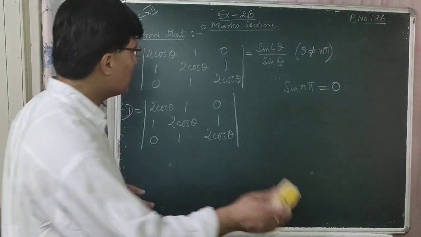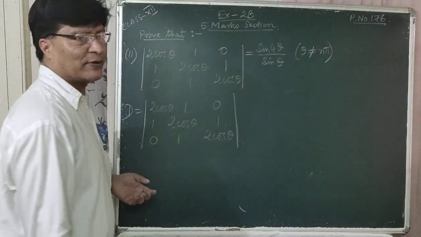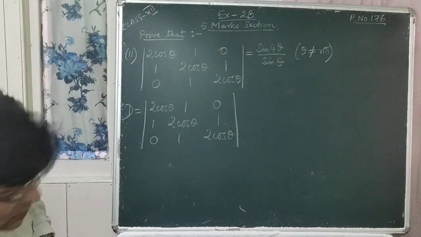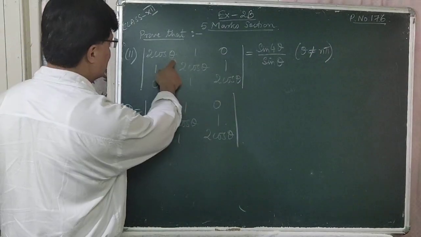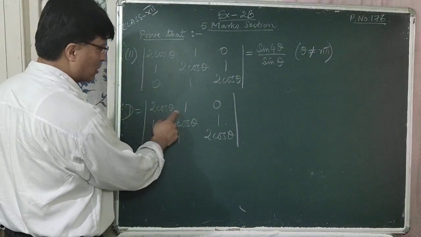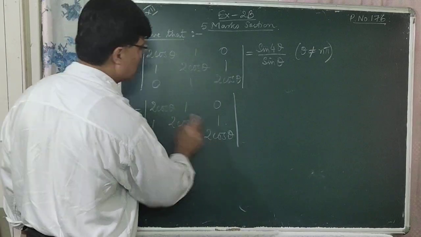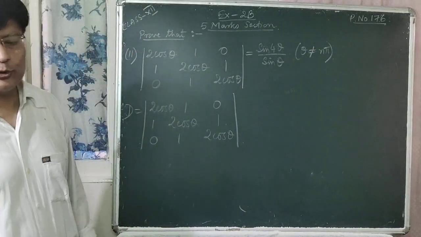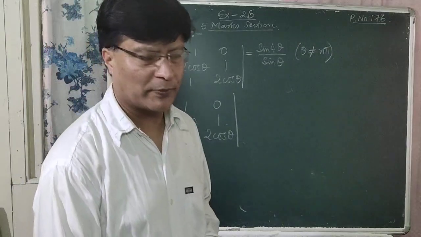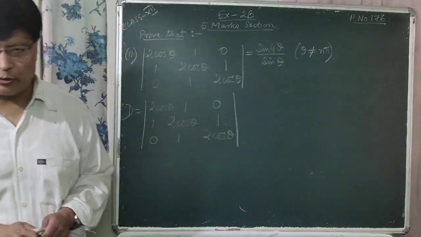Right? So now, let us write down the left hand side. Let's copy it. First row 2 cos theta, 1, 0, second row 1, 2 cos theta, 1, third row 0, 1, 2 cos theta. In this case you should have the knowledge of trigonometry also. You should know the formula from trigonometry.